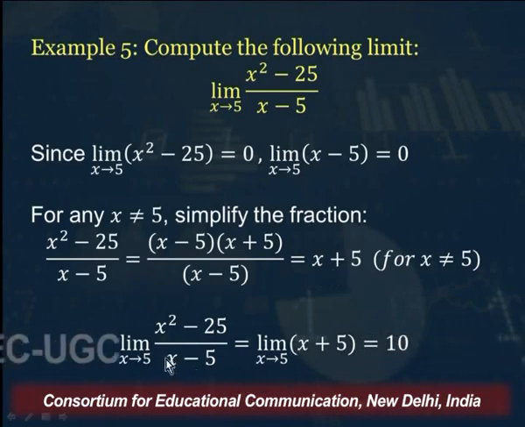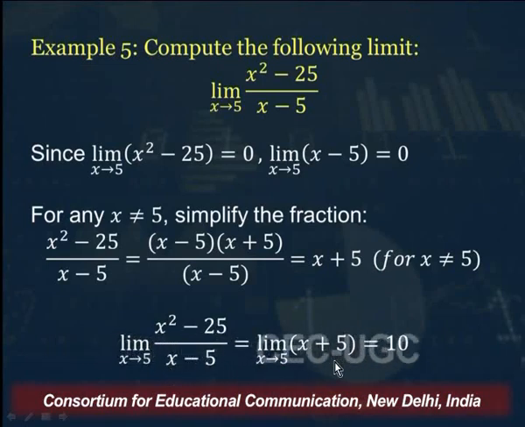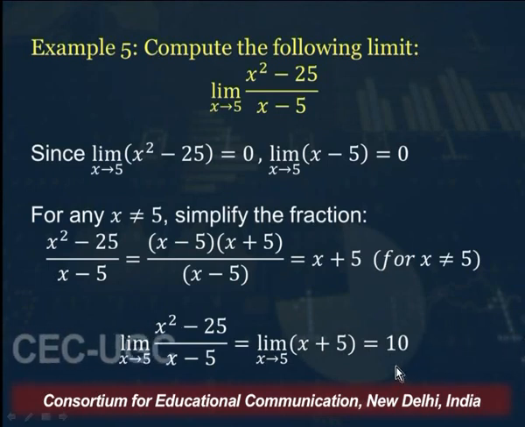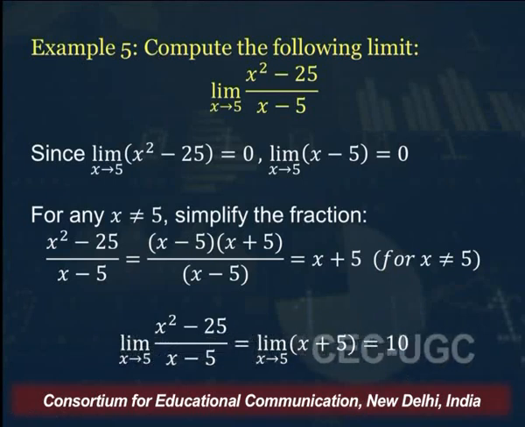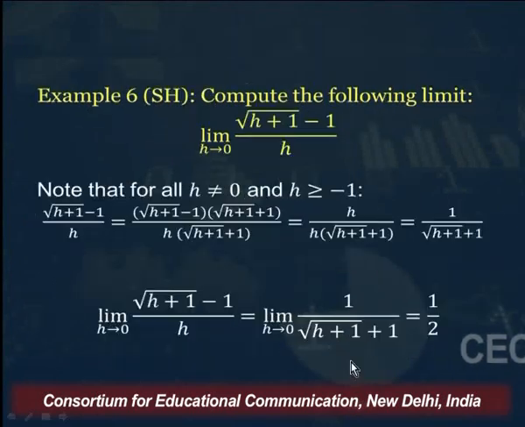So here the limit algebraically boils down to the limit of x plus 5 as x tends to 5, and that is nothing but 10, and that's exactly what we found out graphically in our visual in the beginning of the lecture.